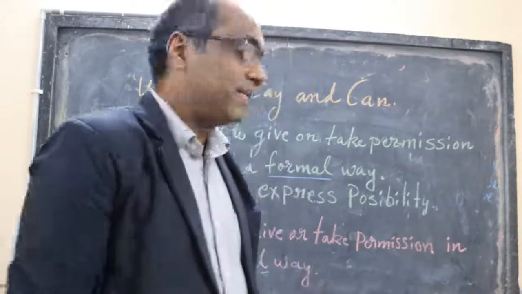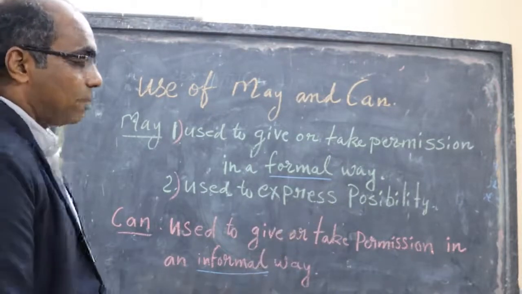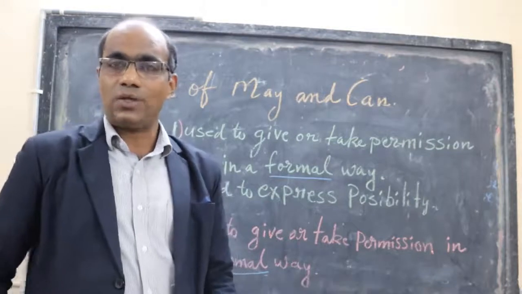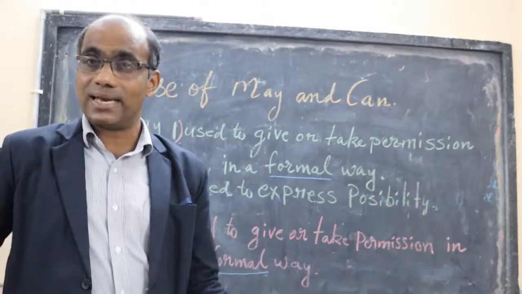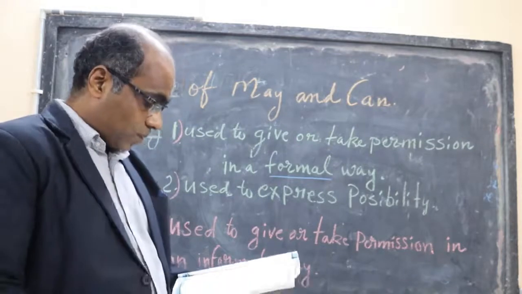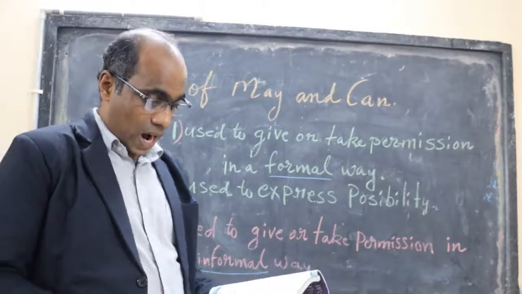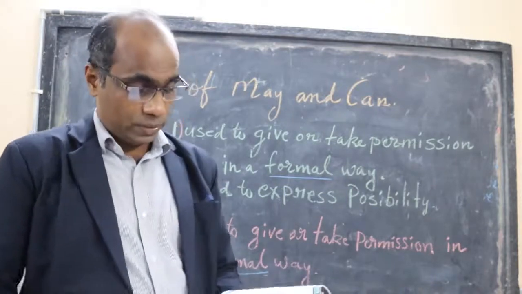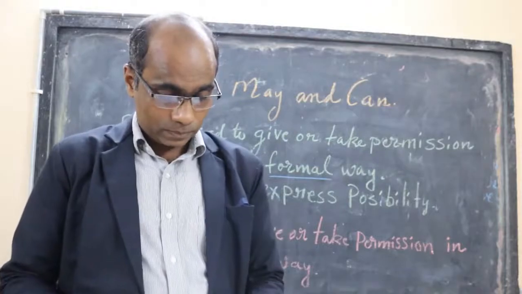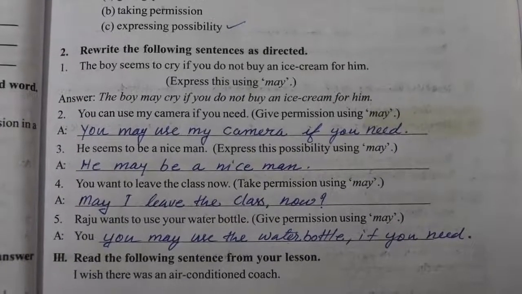See, it is a use of possibility. There is a possibility, may cry. So, similar to that, you are going to do the other exercises. Please pause the video and write. Let us rewrite the sentences below.